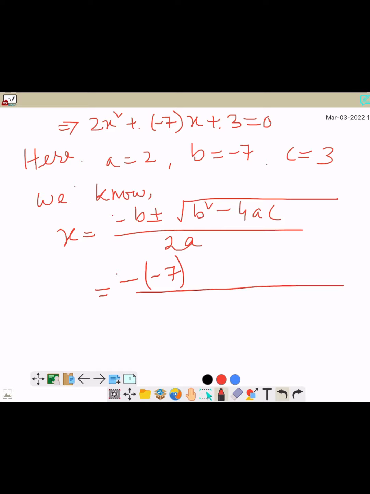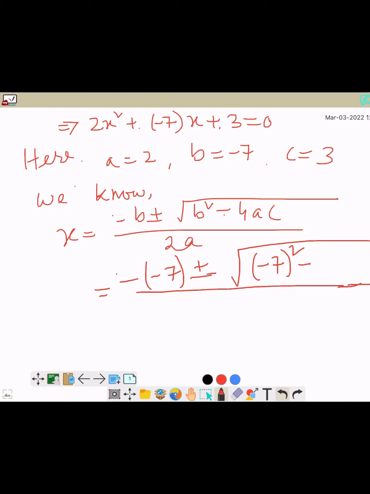Then plus minus. Then root over b square. B is minus 7, and the square is over b, so minus 7 whole square. Then this minus we put here.